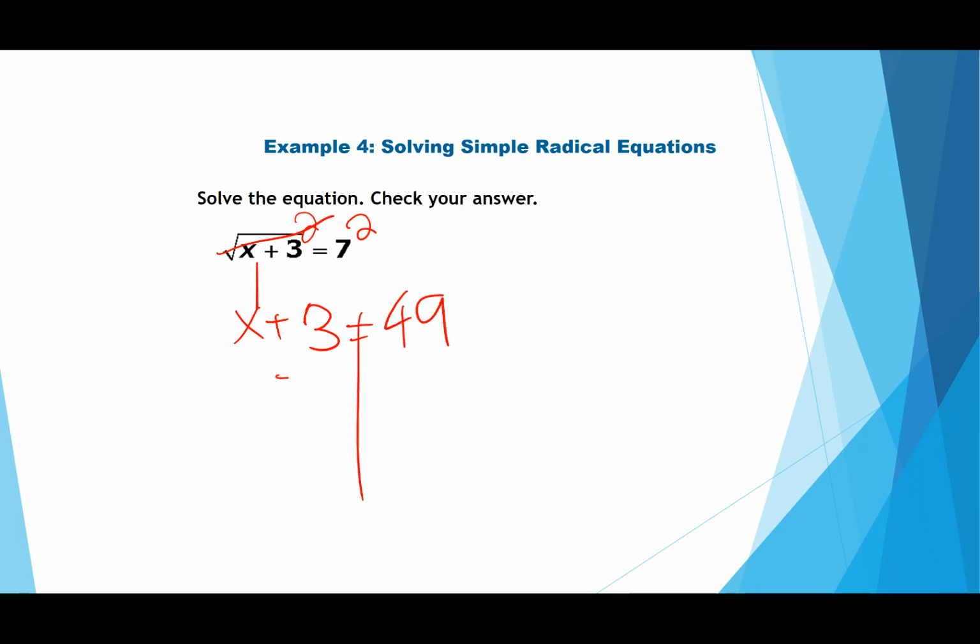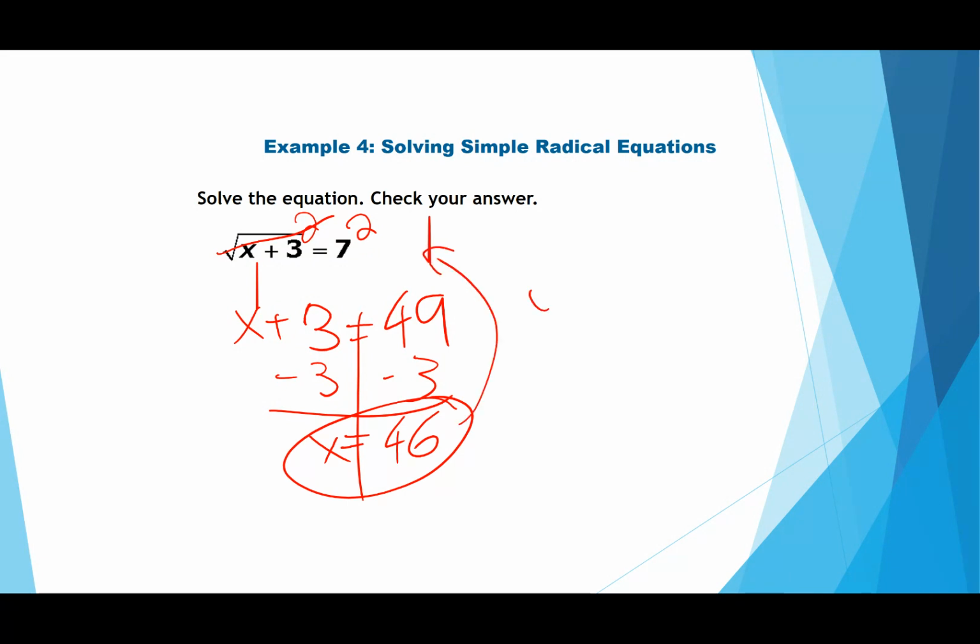So now it's a normal equation, subtract 3 on both sides, and we'll have x equal to 46. And again, it's helpful to see if that fits if I plug it back in. The square root of 46 plus 3 equals 7. So 46 plus 3 is 49. The square root of 49 equals 7. It works, right?